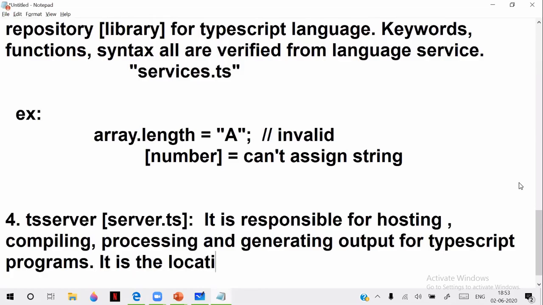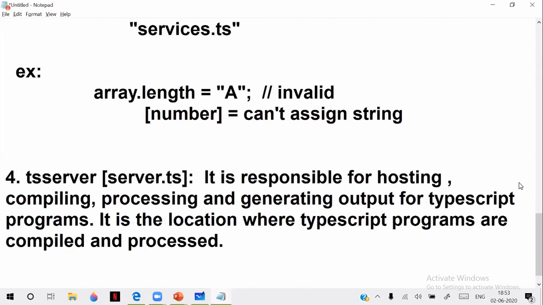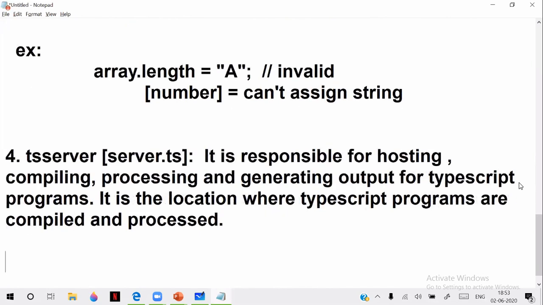It is the location where TypeScript programs are compiled and processed. That is a simple point you need to know about it.